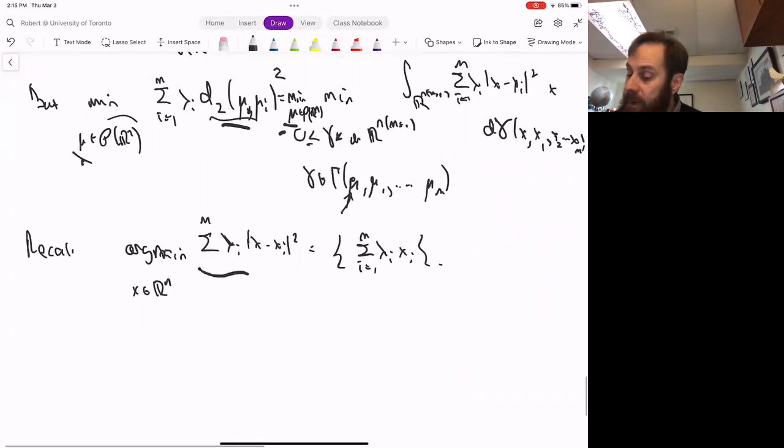This is a nice convex function because the lambda i's are non-negative, and so it has a unique min and it's minimized at the barycenter. And here's the barycenter with respect to the weights lambda.